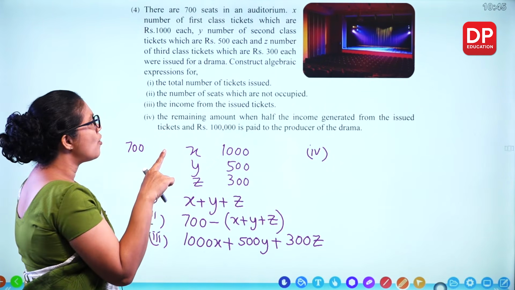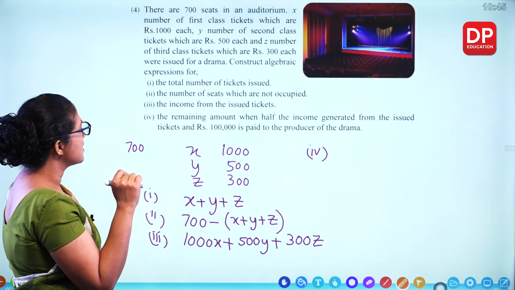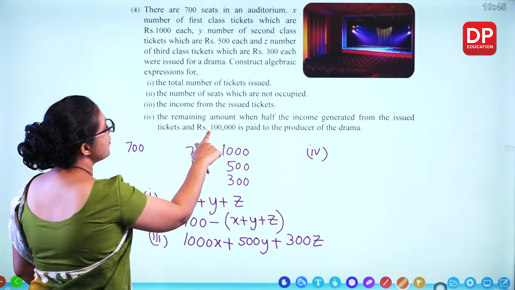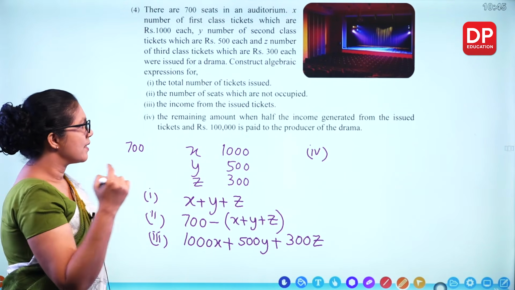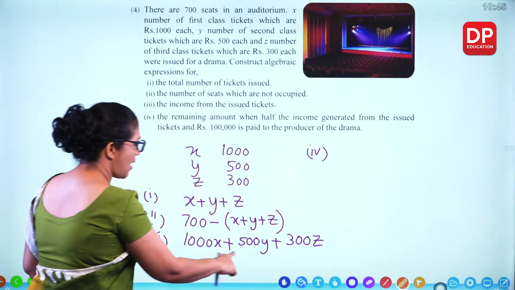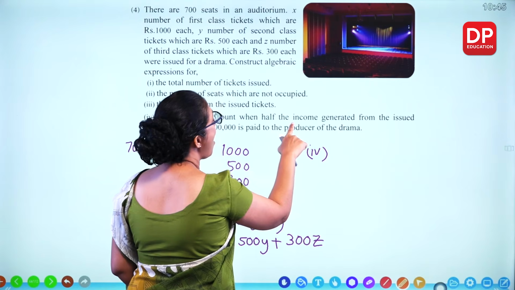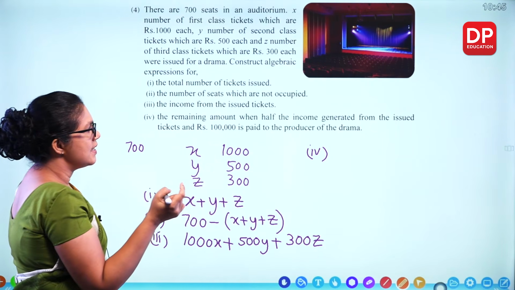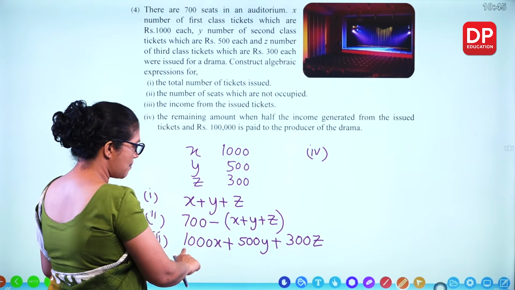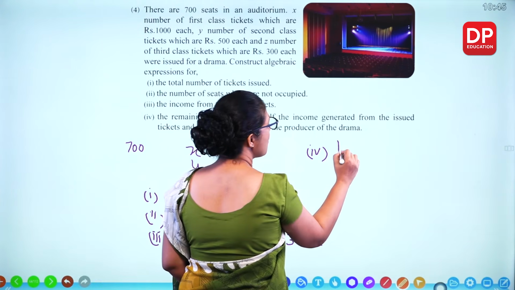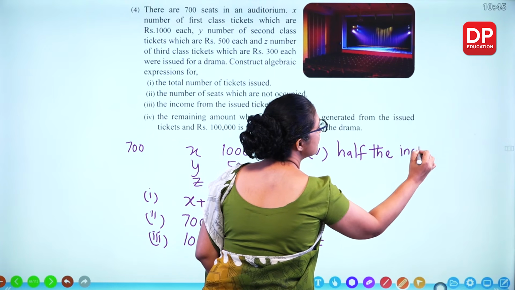the remaining amount when half the income generated from the issued tickets and 100,000 is paid to the producer of the drama. Okay, so here this is the income from the tickets. You have to divide this by 2. So half the income is what?